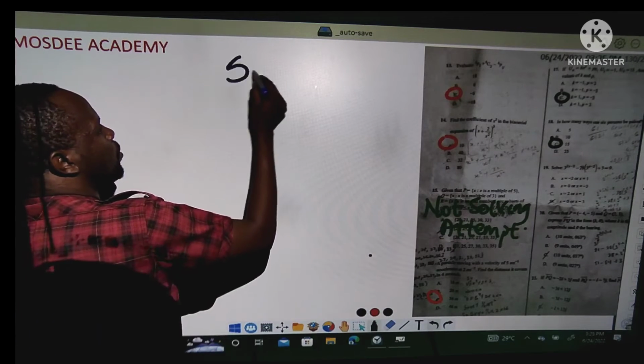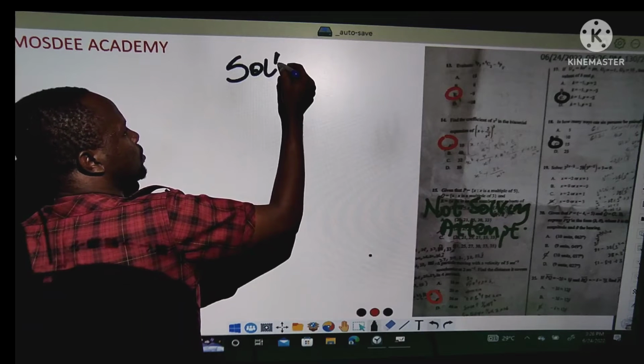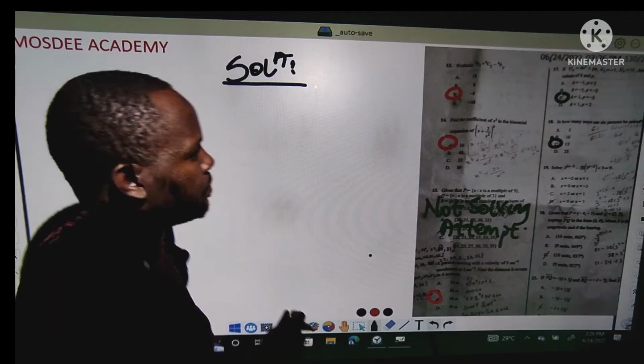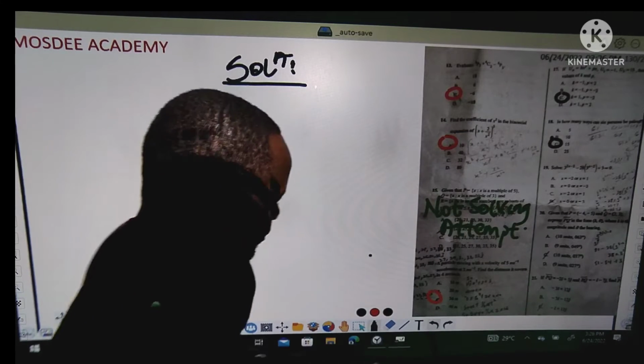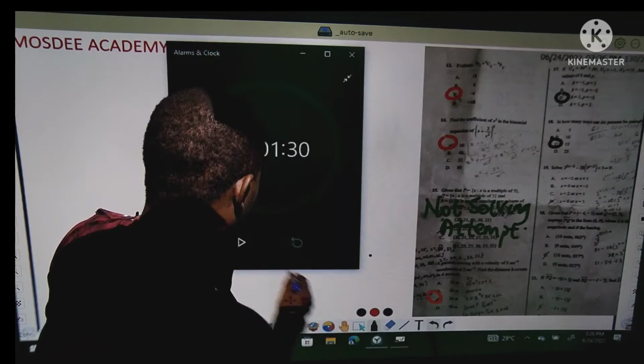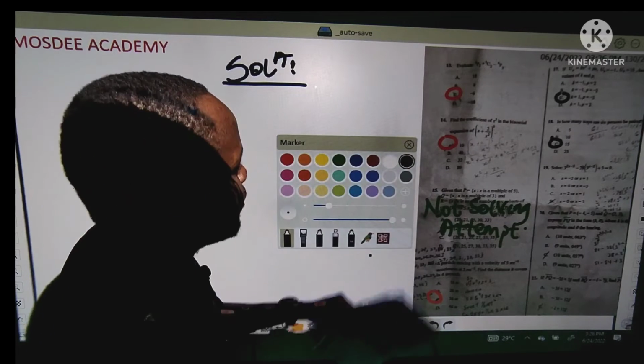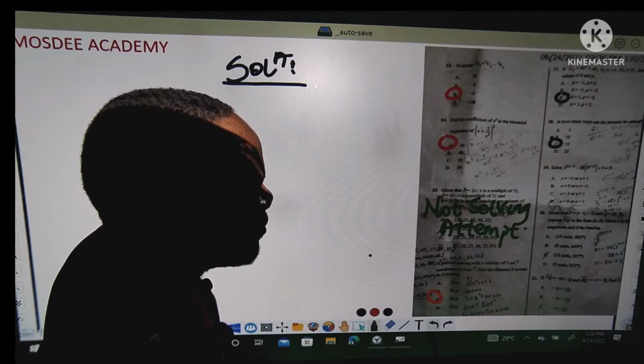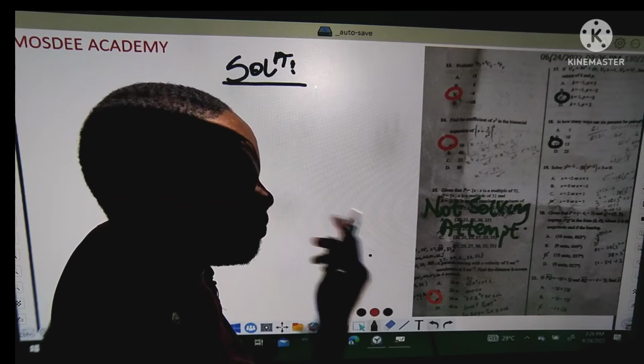I don't know, maybe WAEC is trying to be gentle. So what we do here is to solve the exponential equation using the concept of your junior classes. Let p equal 3 raised to power x.